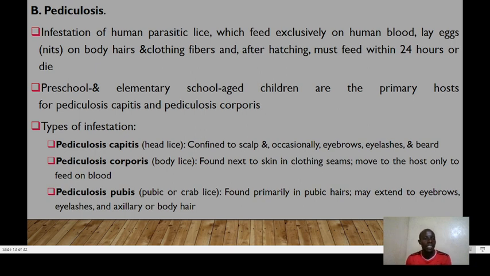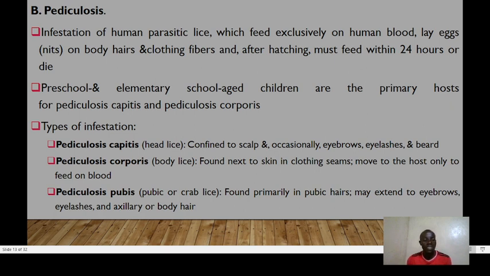Types of pediculosis, you have the pediculosis capitis. This is the head lice and is confined to the scalp and occasionally the eyebrows, eyelashes, and the beard. The pediculosis corporis, this is the body lice, and this is found next to the skin in the clothing seams, and then it moves to the host only to feed on the blood.